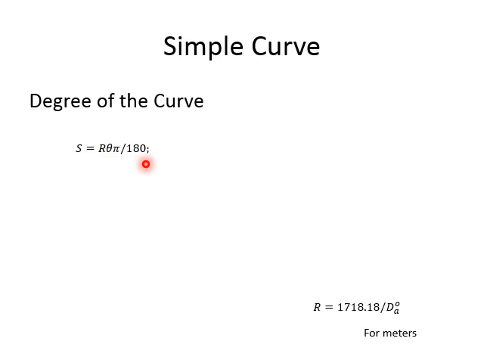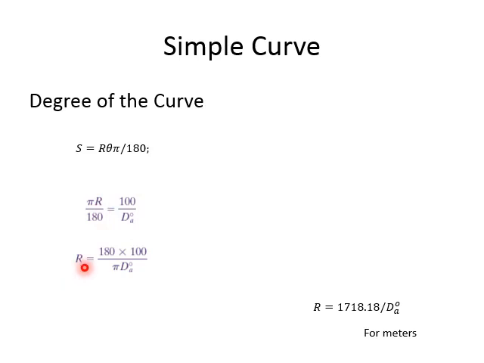Since we know that S is 100 feet and theta is dA, degree of the curve, if we put theta as dA and S as 100 feet, the equation becomes this.